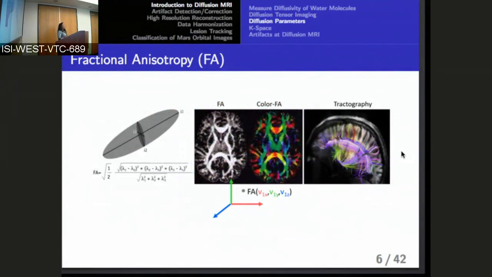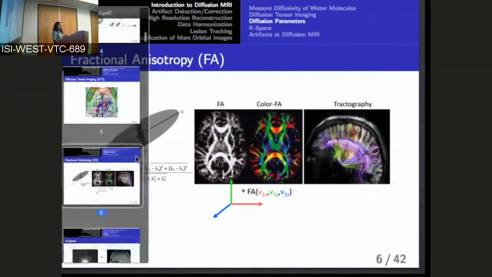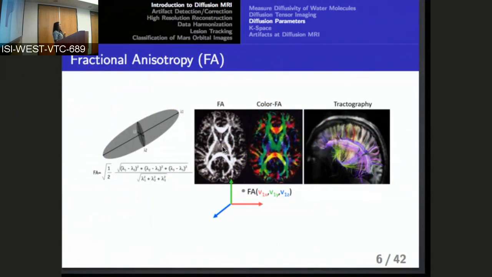In diffusion studies, there is a famous diffusion parameter called fractional anisotropy, FA. FA is a function of eigenvalues computed from this 3x3 matrix. So for each voxel, we estimate the tensor, extract its eigenvalues, and this figure here is just the FA visualized voxel-wise.